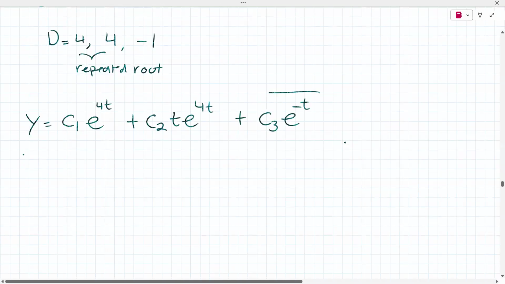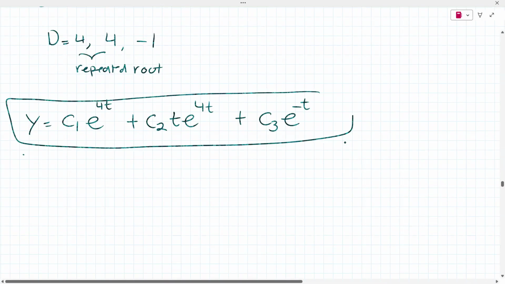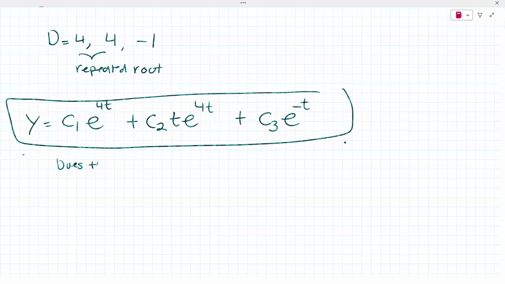Okay, so you tell me, does this look anything like yh?